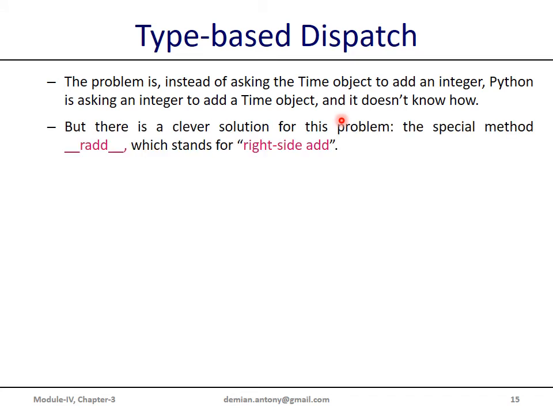We have a special method called radd, which stands for right side add. Why is this method defined? If we see the previous function call, the first object should be a subject, should be a self object, but we represented the number, which is not an object.